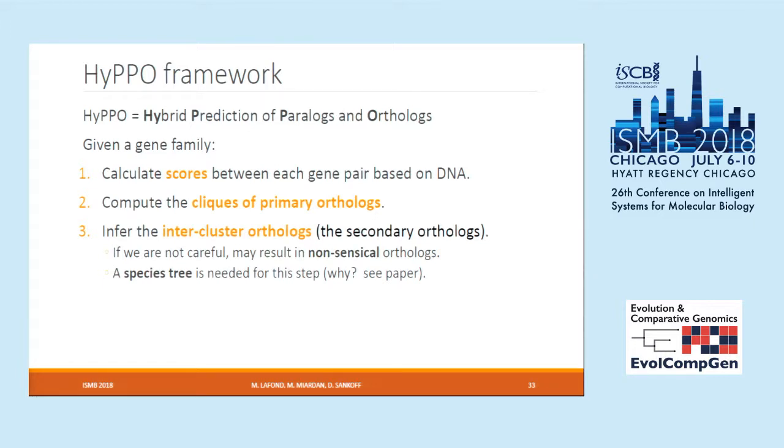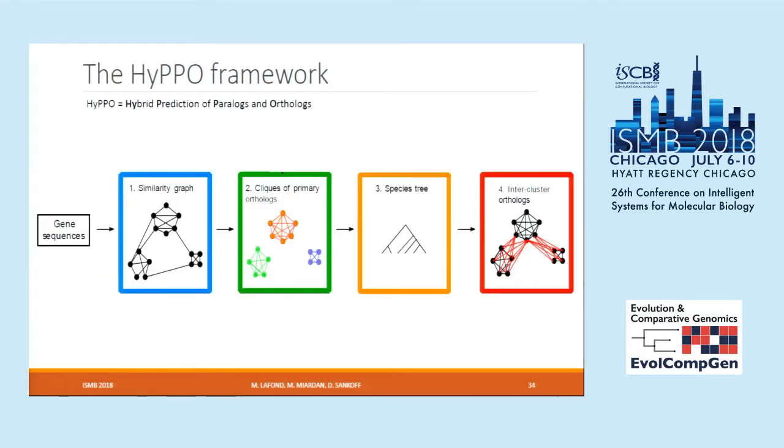We called it the HyPPO framework, for Hybrid Prediction of Paralogs and Orthologs. It's hybrid because we use ideas from similarity-based methods and phylogeny-based methods. So what we do is this. We actually have a schematic representation. We first assume that we have a gene family, so we don't have all the genes from all the genomes, we have a homologous family.